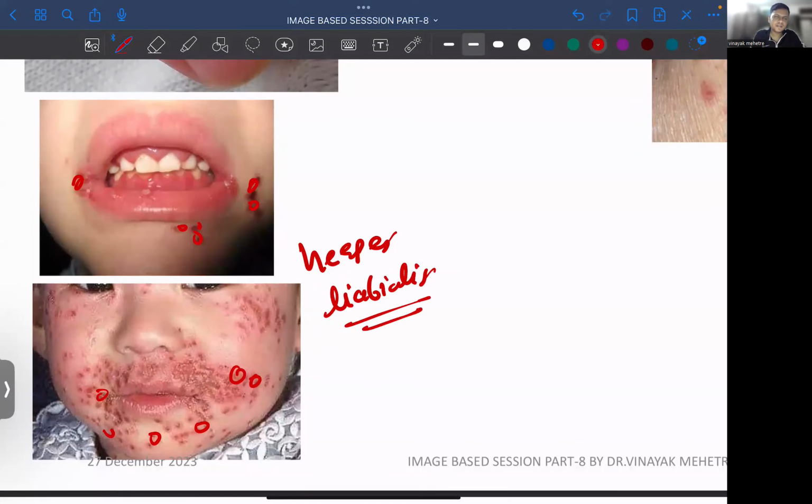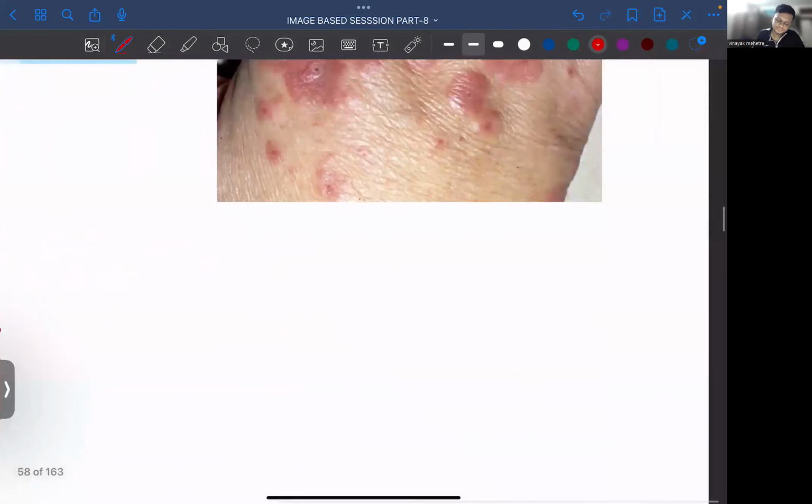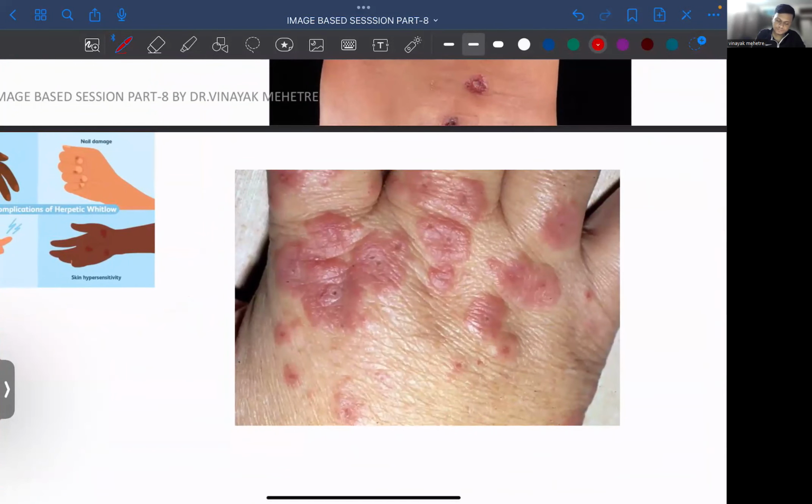Herpes labialis, right? Just look like someone has hit the target. This is called as target lesions.